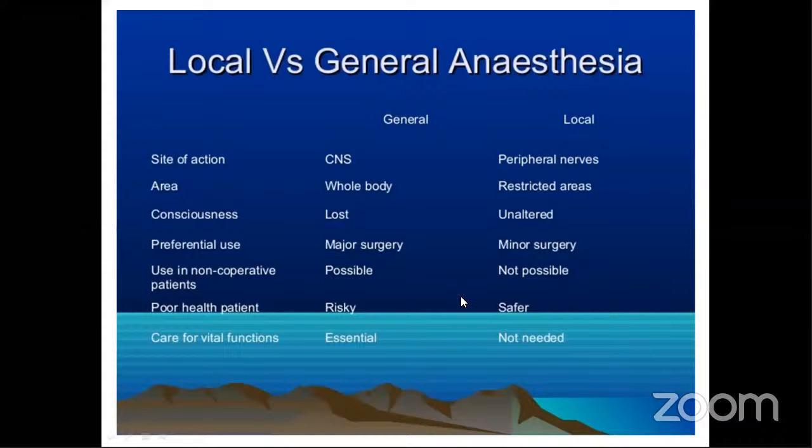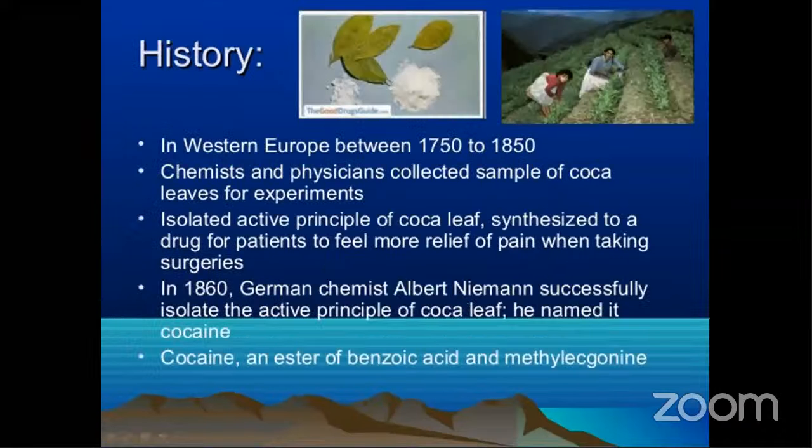So if we go for history, how anesthetic drugs came to the market, or how they are used clinically. In Western Europe, the anesthetic drugs were discovered or designed during this period. Chemists and physicians collected samples of coca leaves for experiments. From coca they discovered or designed cocaine, that is a local anesthetic.